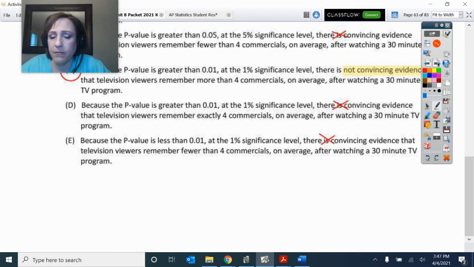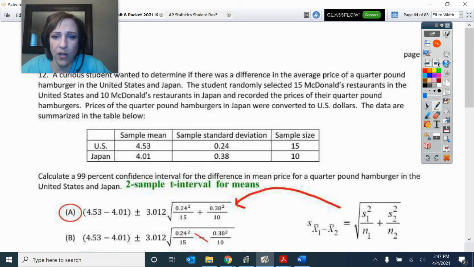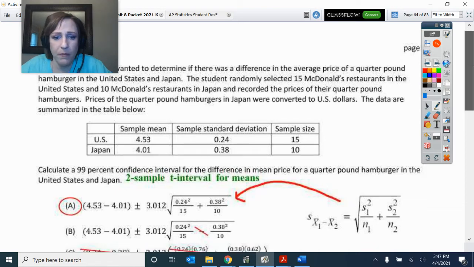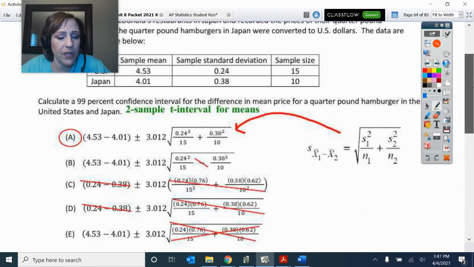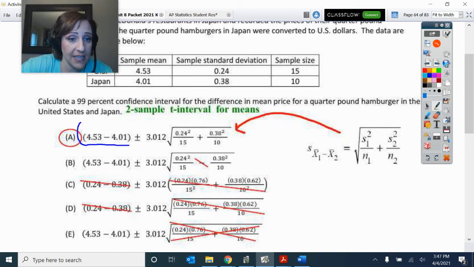All right, moving on. So now we have number 12. So this is a problem where, once again, look at this formula that you had to wade through. So here we wanted the interval for 2 independent means. So this piece right here is the difference between the 2 means, so the x bar 1 minus the x bar 2 or whatever.